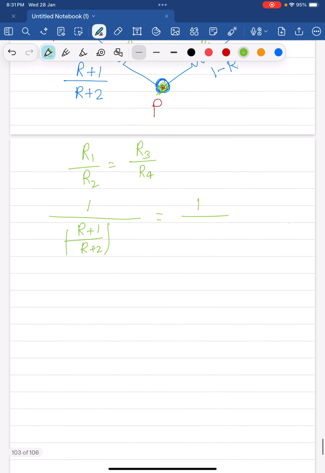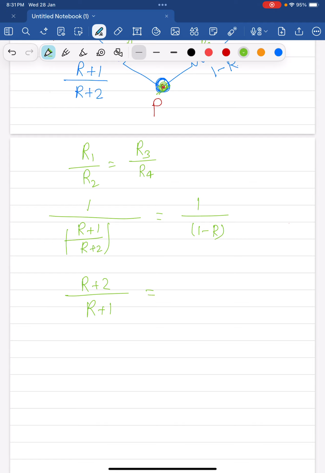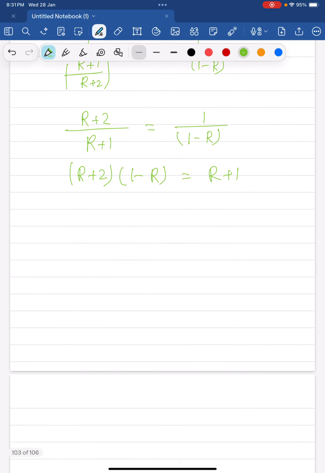So we can write here R plus 2 divided by R plus 1 will be equal to 1 divided by 1 minus R. So we will cross multiply this, so we can write R plus 2 into 1 minus R will be equal to R plus 1. So if we multiply, then it will be R minus R square plus 2 minus 2R will be equal to R plus 1.